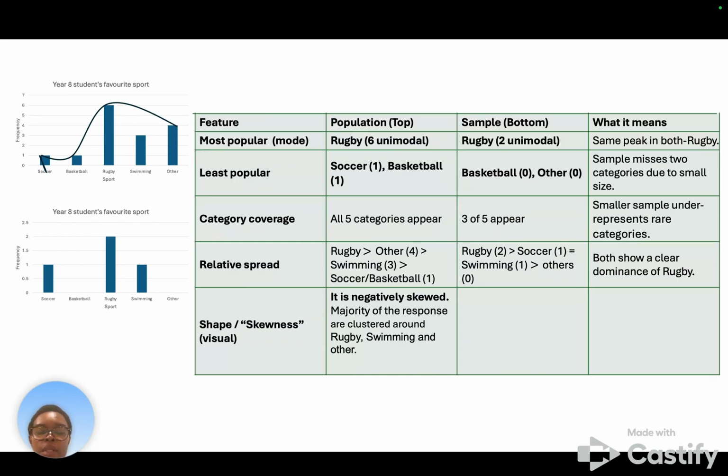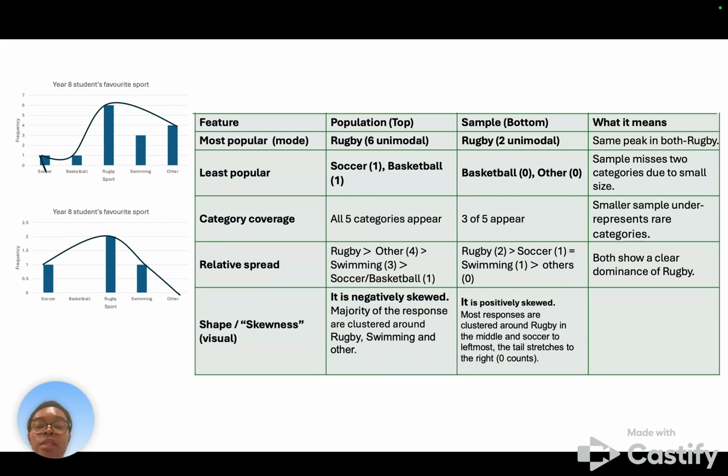Now we look at the bottom one. The highest frequencies are rugby, soccer, and swimming. Soccer is towards the left, and if you draw the line, you see that the tail is towards the right. Okay, the tail is on others, which is on the right hand side. So because of that, we describe the distribution as positively skewed. All right, so what does this mean?